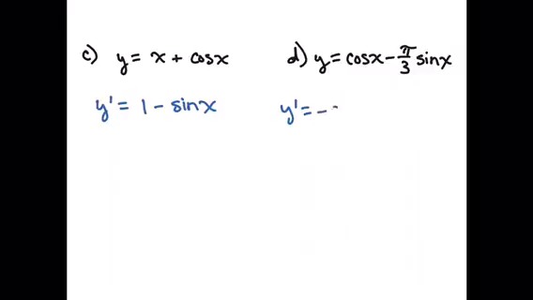The derivative of cosine is negative sine x. And pi over 3, that's just a number. So that's a constant multiple that stays out front. So we're going to keep this minus pi over 3 out front, and the derivative of sine is cosine x.